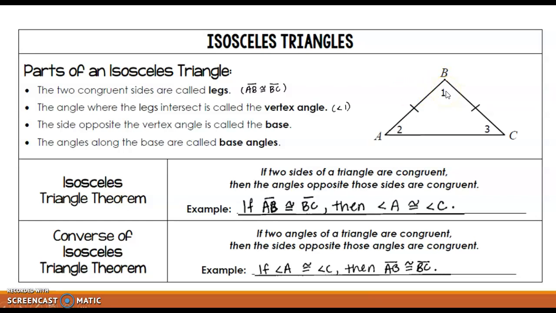The side opposite the vertex angle, right down here, is called the base. So that's side AC. The angles along the sides are called the base angles. So that's angle 2 and angle 3. So those are the base angles.